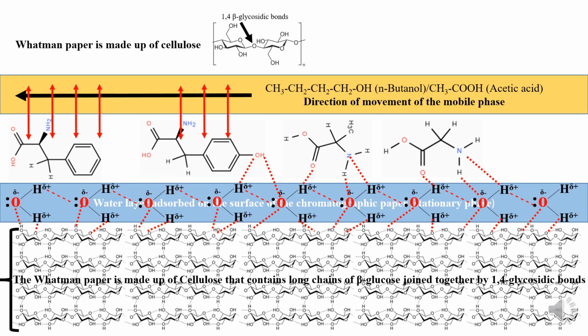Now the partitioning of the amino acids or any drug molecule between the stationary phase and the mobile phase can be explained with respect to the stationary phase as well as the mobile phase. With respect to the stationary phase, the movement of the components is governed by the relative affinity towards the stationary phase.